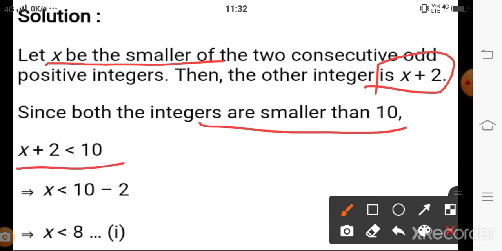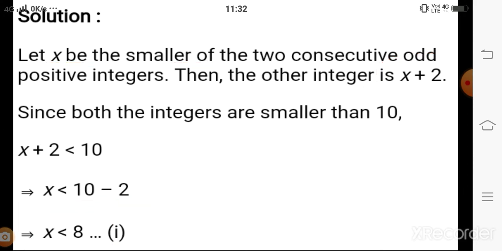It means x is also less than 10 because x is smaller than x plus 2. So we take only this condition, not x less than 10, because x plus 2 is greater than x, and if x plus 2 is less than 10, then x is always less than 10. On solving this inequality, x is less than 10 minus 2, which is 8. X should not be more than 8.